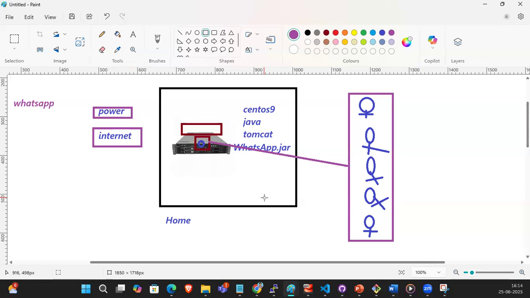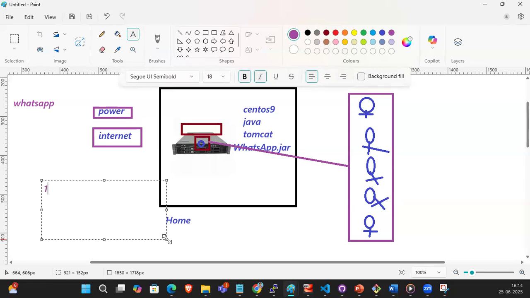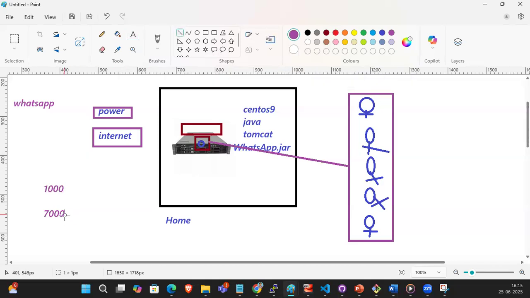Initially, there is no power failure and no internet failure, right? In your home, there is only one power source and only one internet connection. Initially, there is no issue with the power and internet. So every day about 1,000 people sign up, and after 7 days it will be 7,000 people accessing this website.